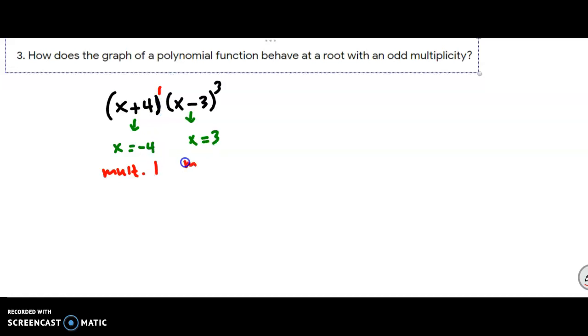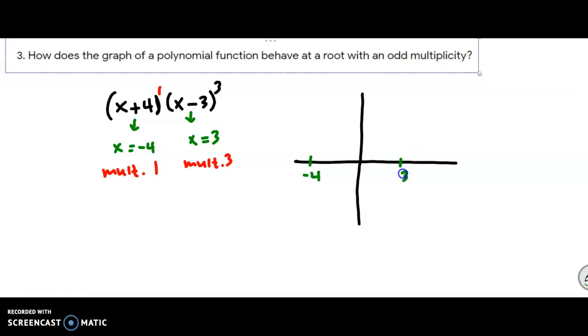And here the multiplicity is 3, right? So if we were to graph this, it might look something like this. Okay, at -4, and then at +3, right?